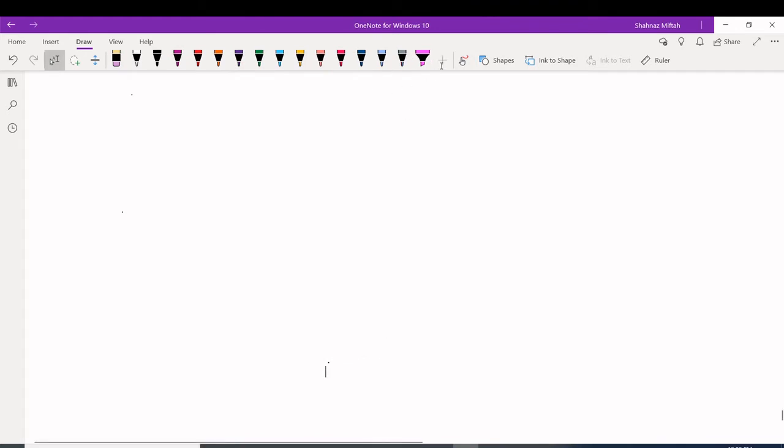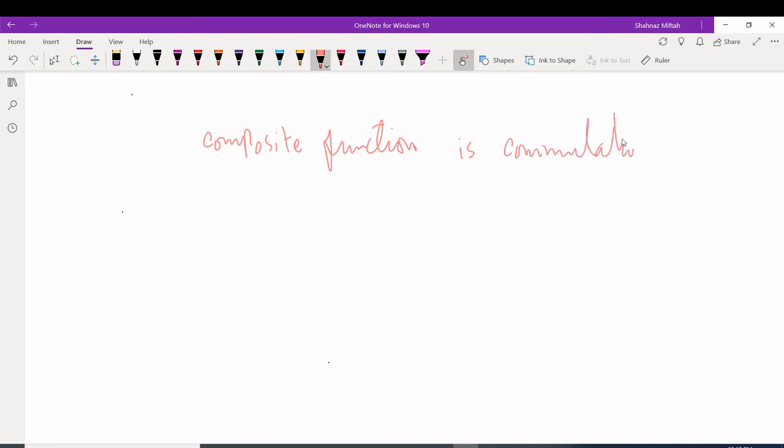Okay, we also have to work on commutative composite functions. The composite function is commutative only if the composite function g of f of x is equal to f of g of x.